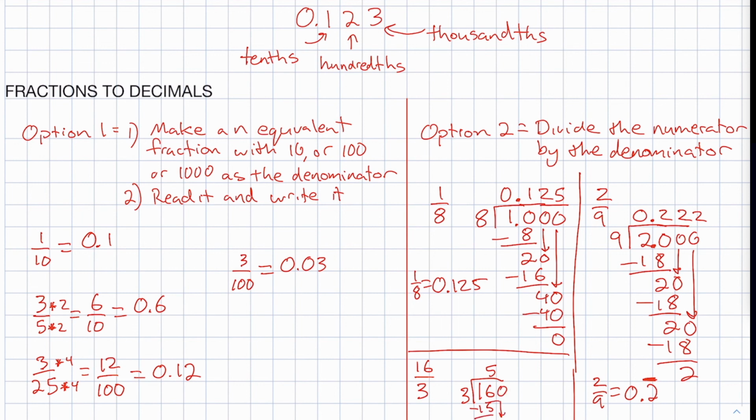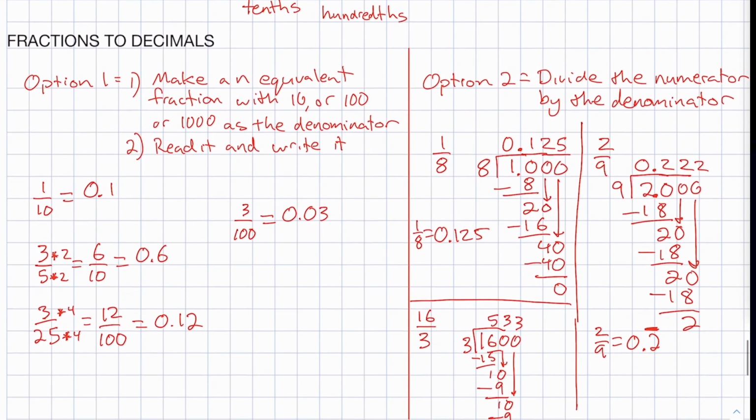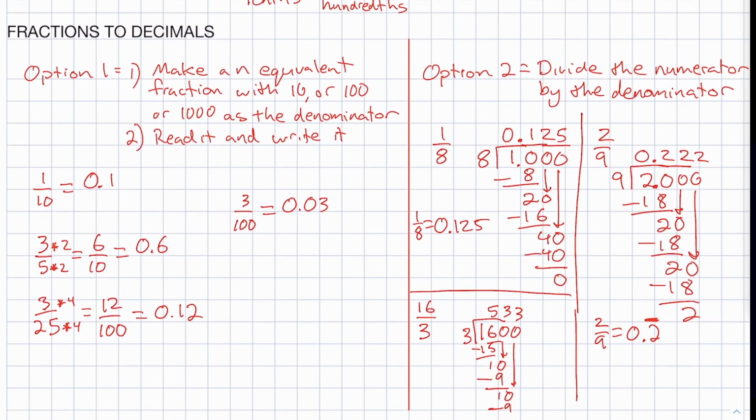Bring down, sorry, getting a little bit messy here. Minus 9 is 1. Another one. Bring down, and I see that I'm starting to repeat. I'm off the page there, but we're going to keep going on and on. And so we would see that that is our decimal point, again, goes straight up there. And so we would have 5.33. So this would equal 5.3 with that line on top of the 3, which means the 3 keeps repeating on and on forever.